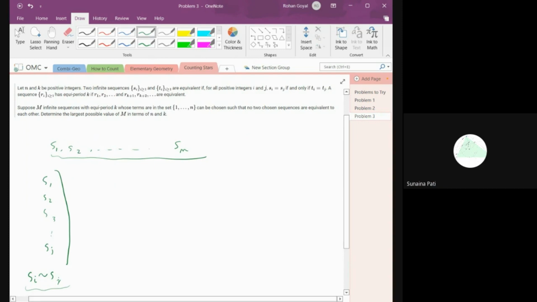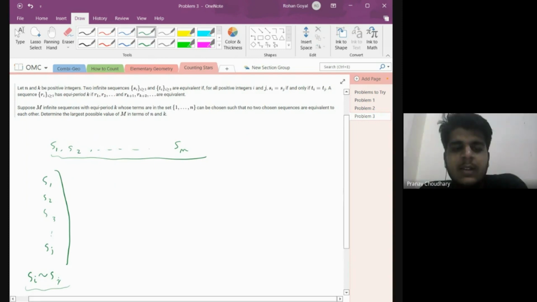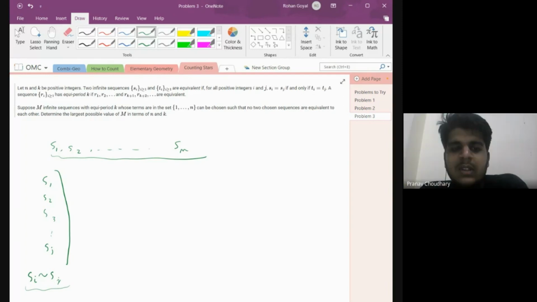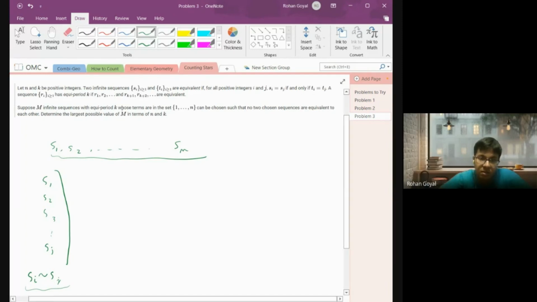I'm just grouping sequences which are equivalent to one another together. I just wrote all of them down and I'm just grouping them. Does it make sense? What are these sequences made up of? Just equiperiod K sequences.